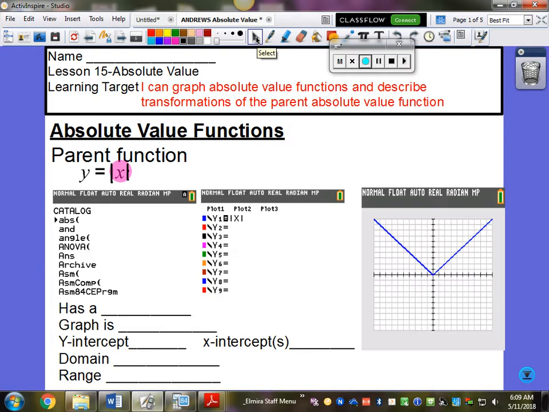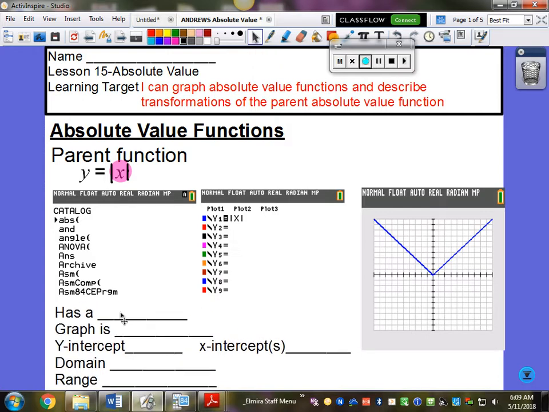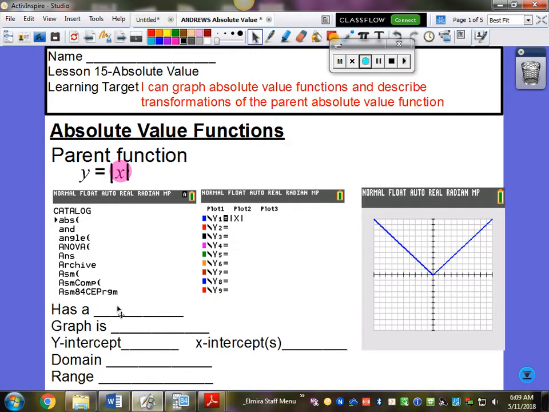This particular graph, we're going to just review some of our vocabulary here. This particular graph has a minimum. It has a vertex down here. It is a minimum.